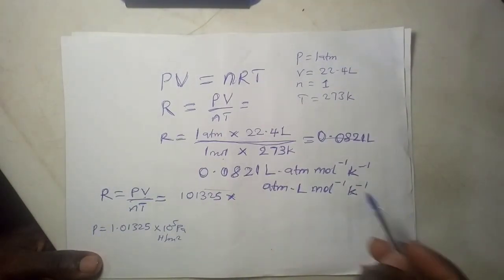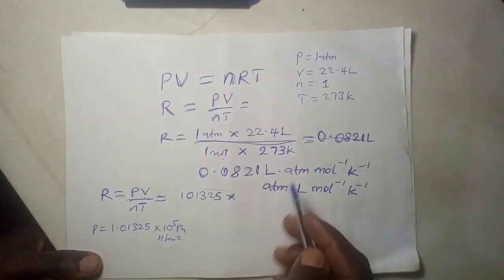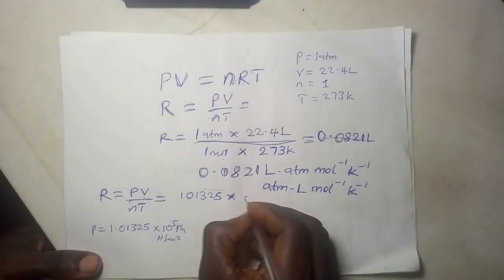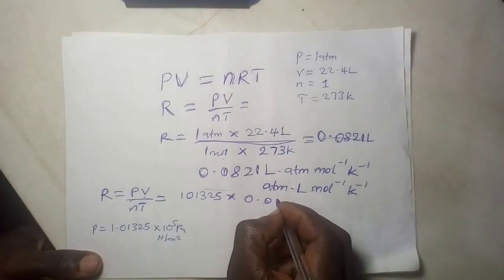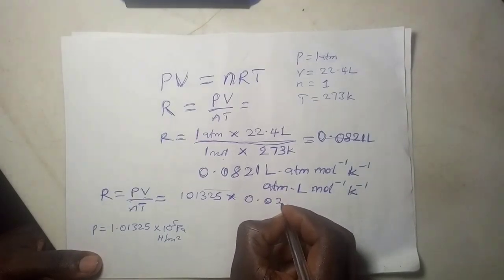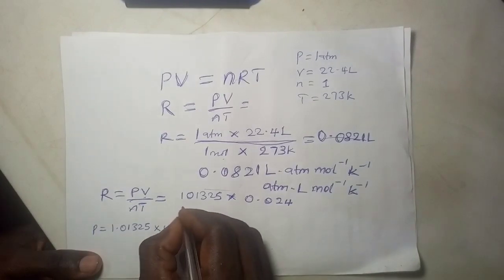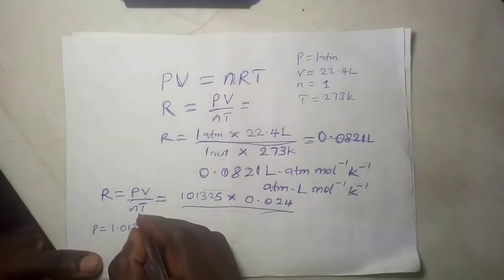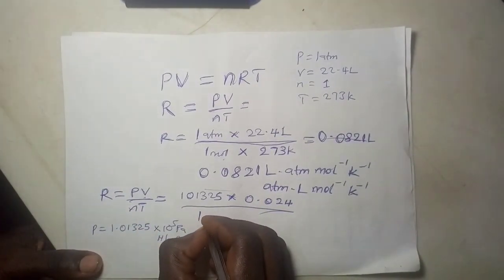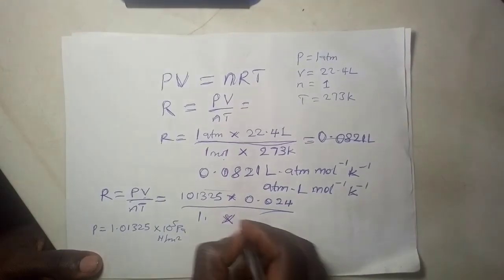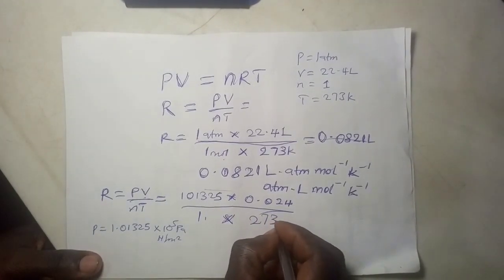Okay, converting this 22.4 liter to meter cube, you will have 0.0224, divided by the number of moles, which remains 1, times our temperature, which remains 273.